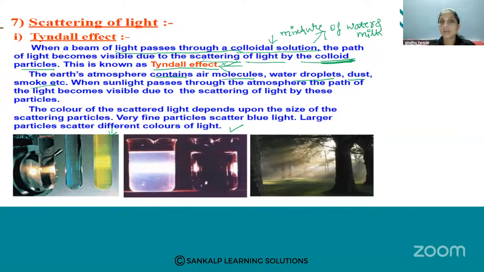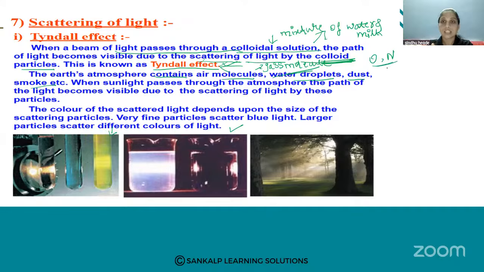For small particles, for example, gas molecules. Gas molecules are considered as small particles. For example, oxygen and nitrogen particles mainly contain a large number of small particles.